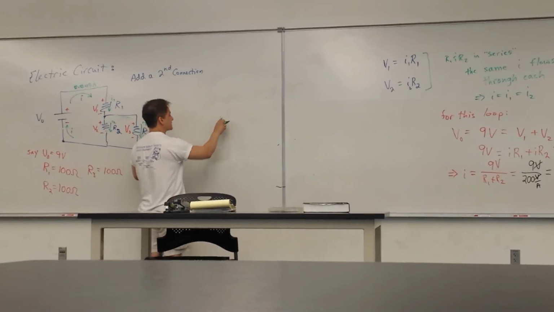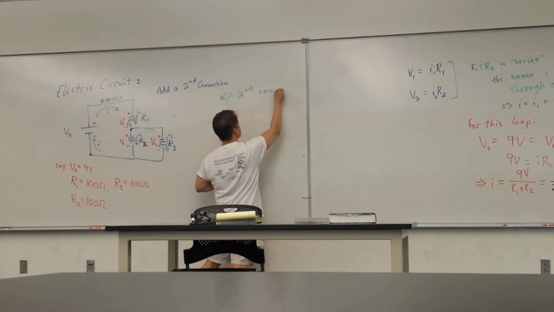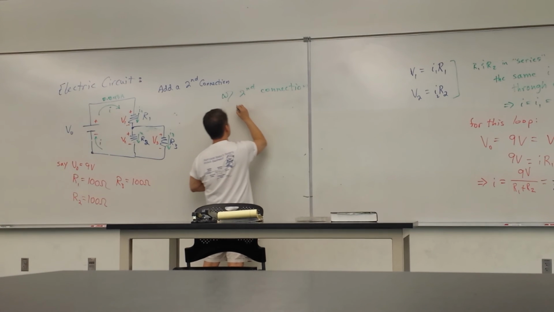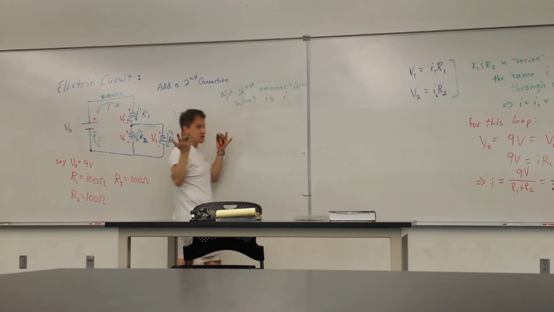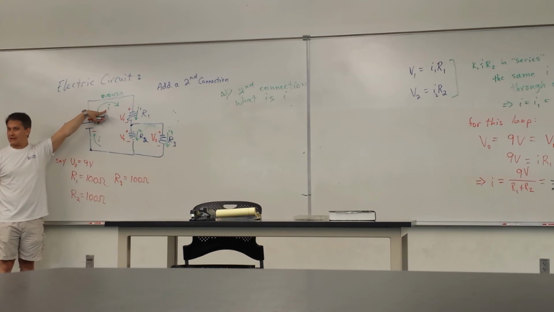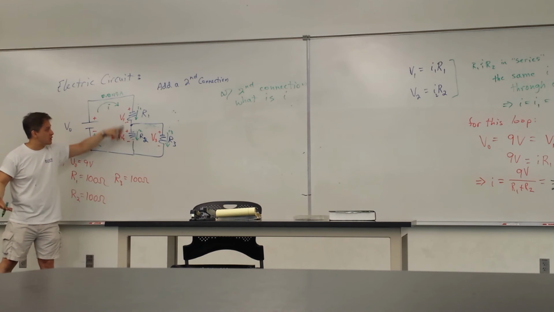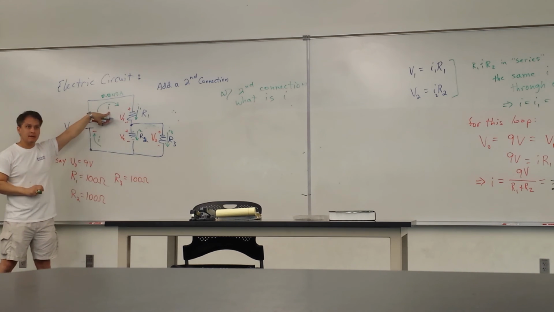So now we'll ask the same question. With the second connection, what is I still? What's the current that's flowing out of the power supply? That's what we calculated before. It happened to be equal to the same I1, I2. It's not now. What is it?